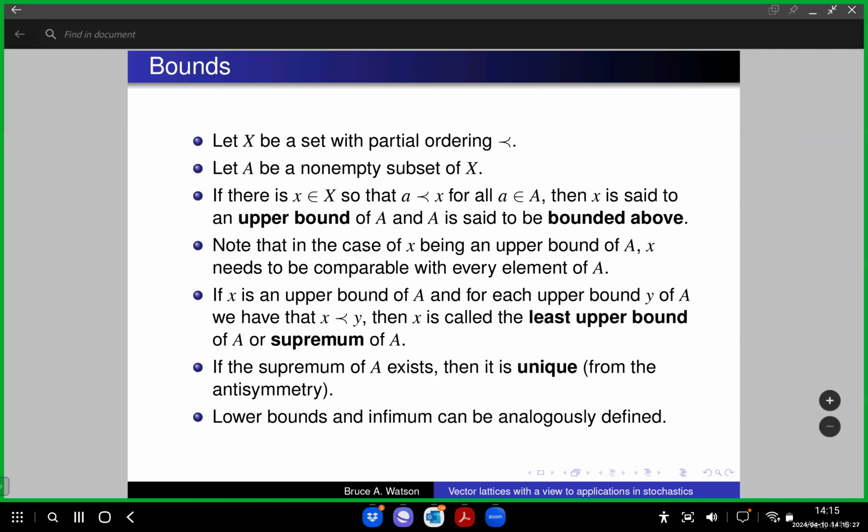This uniqueness comes from the asymmetry axiom of partial ordering.